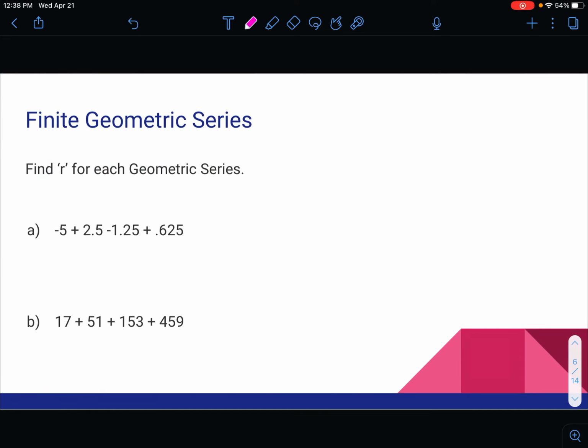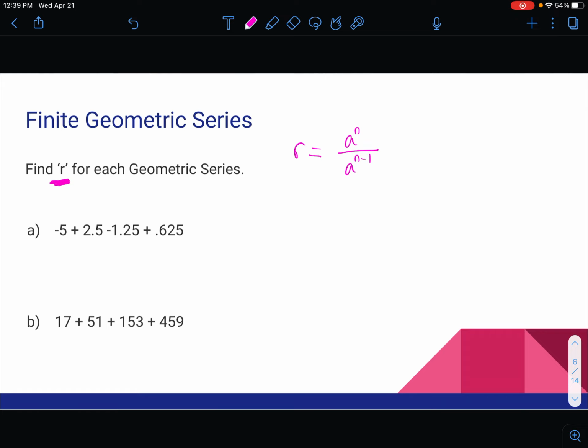Okay, so finding these geometric series and making sure that we know that they are geometric, we know that we have to have an r, or a common multiplier. To find r, we can always take the nth term and divide by the term right before it.